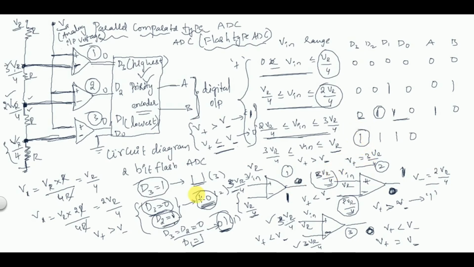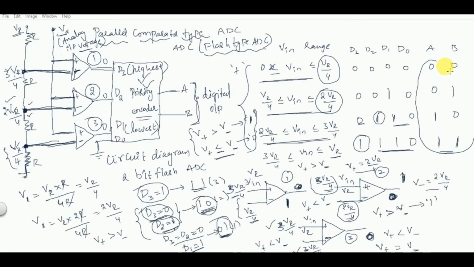So when D3 is equal to 0, irrespective of other inputs, because D3 has the highest priority, its corresponding output will be obtained. So it is 1, 1. Okay, so this is how we get all four possible digital values of this 2-bit output.